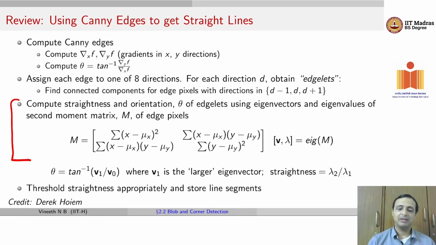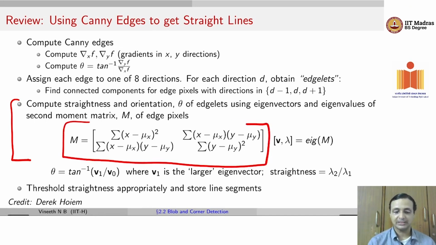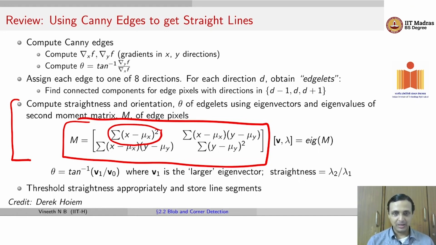You have your edge pixels that belong to a particular edgelet, so you take all of those pixels and compute such a matrix. Remember, the first entry corresponds to x minus mu x, where mu x is the mean x dimension of all of those pixels in the edgelet, and each x corresponds to one of those x coordinates of one of those edgelet pixels.